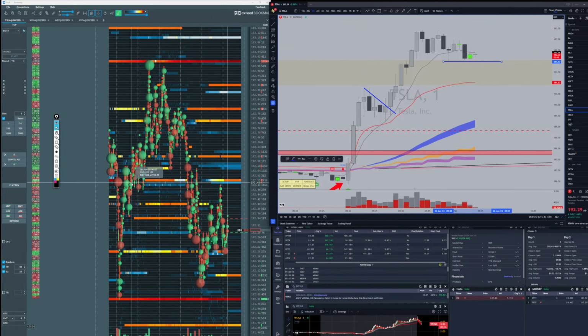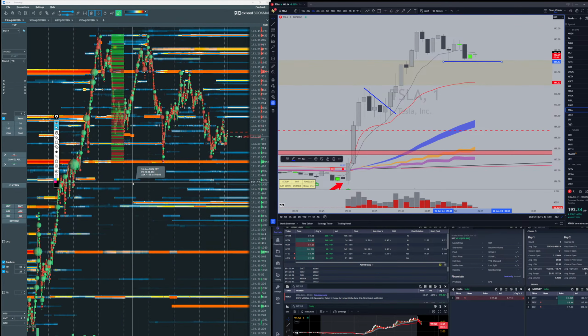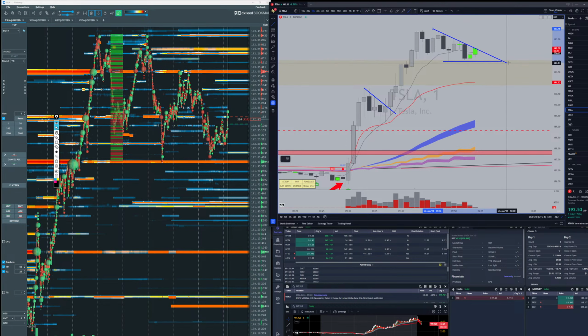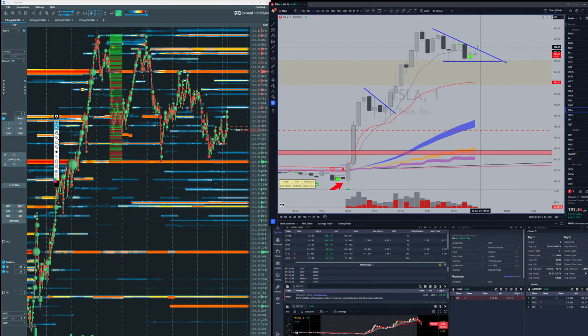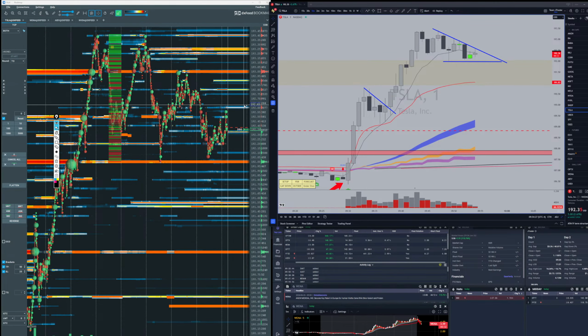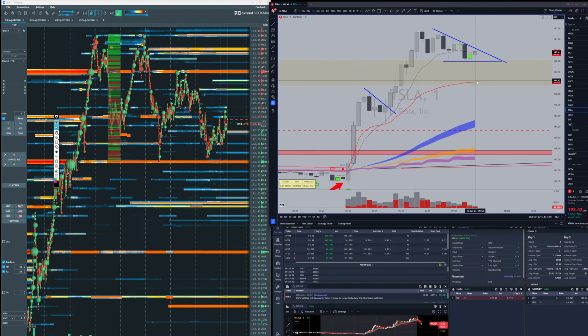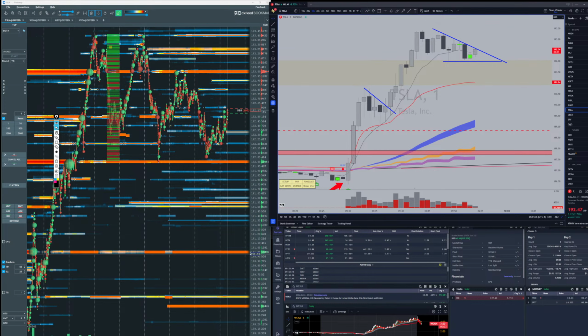Where is the next level where we're looking for another entry? If we have a fake breakdown and this breaks with very, very high volume, 192.60 and 70, we can get long, but I would reduce the size because it's already decently extended. Or we're going to revisit 191. On Bookmap you can see the liquidity at 196 and 191.